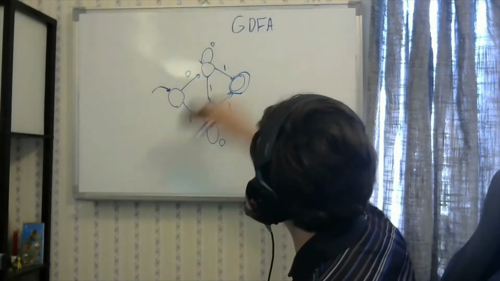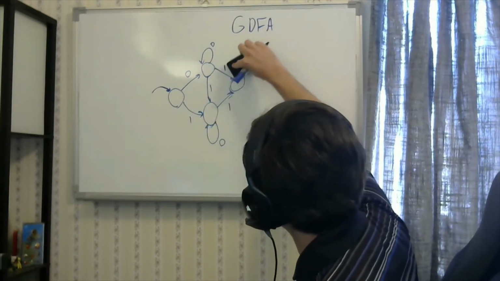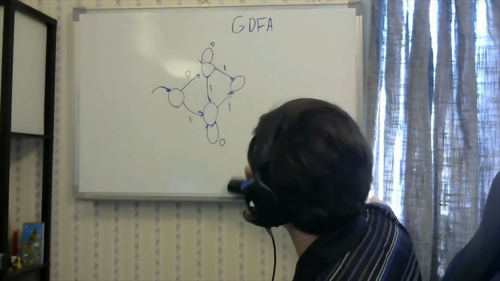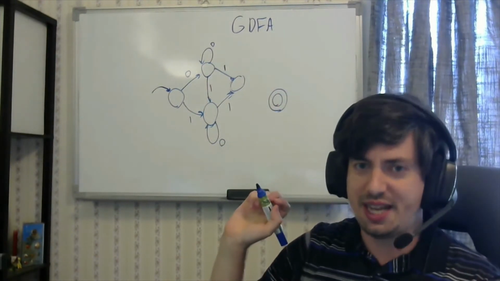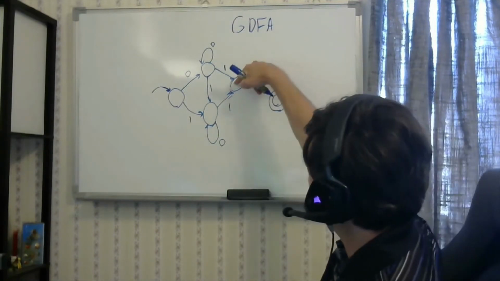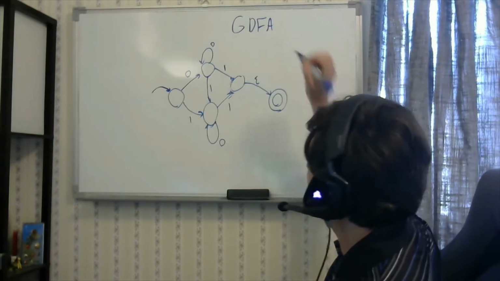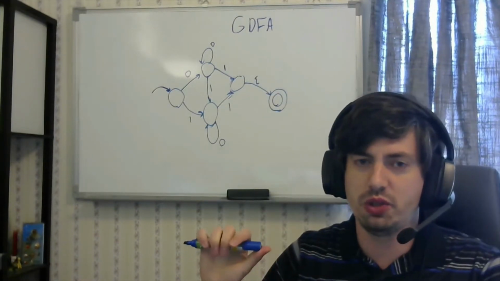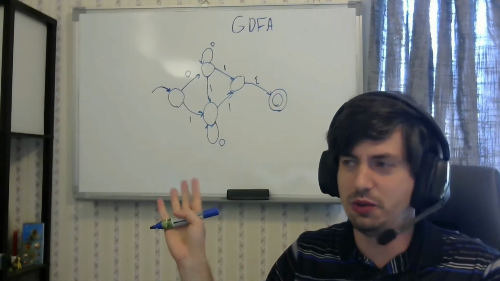Basically, anything that was an accept state before, we're just going to create a new global accept state and say that any accept state that we had before gets an empty string edge to go to the accept state of our new design.